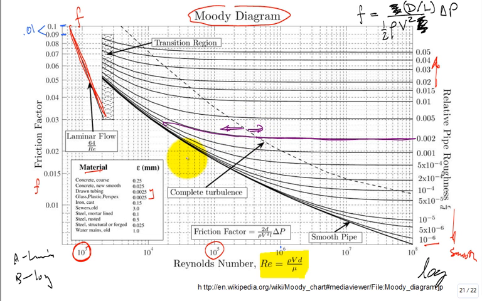Tell me a little bit about that curve for relative roughness 0.002. Horizontal flat versus curved.